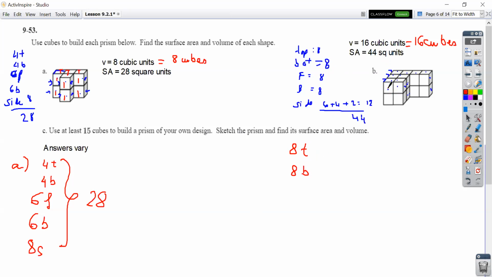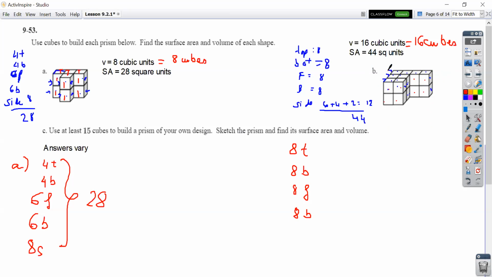And the front, this is the front. 1, 2, 3, 4, 5, 6, 7, 8. So the front you have 8. The back, you have to count all the way on the back. Imagine it. 1, 2, 3, 4 on the top, 4 on the bottom, on the back. So we have 8 back. The side, all sides, add them together.